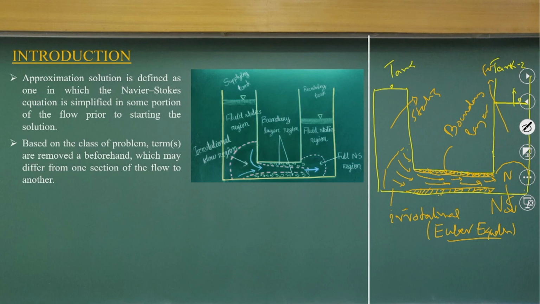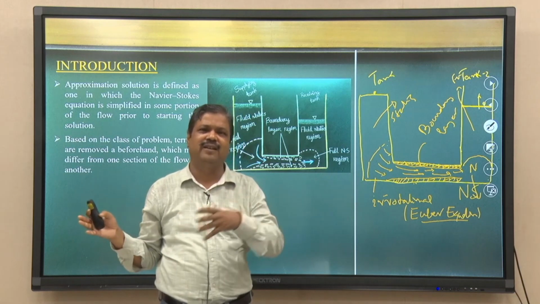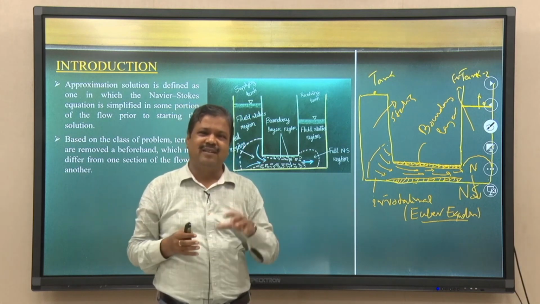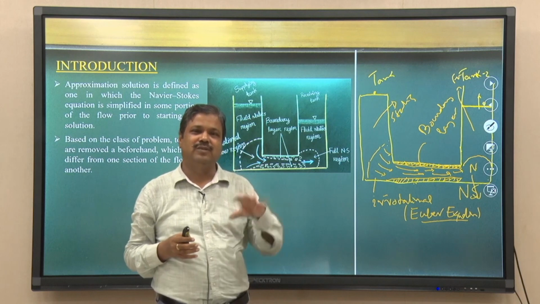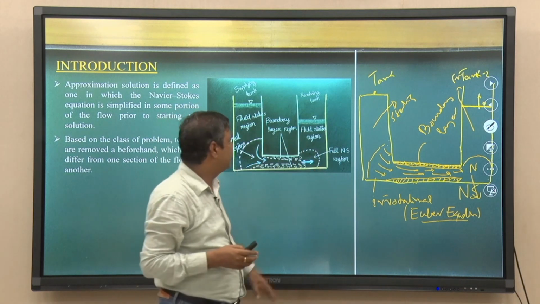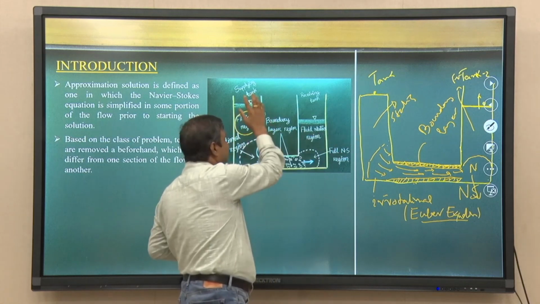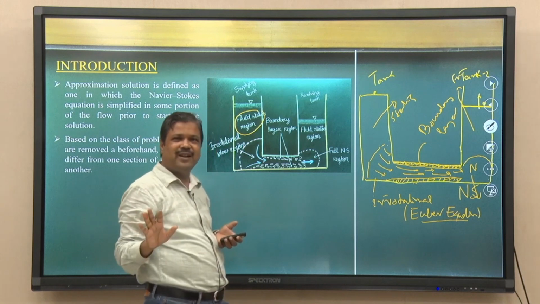So, with this very simple example, if you look at this very simple problem, we have two tanks, one is a supply tank, another is a receiving tank. Within that tank flow zones, there are regions that behave like a fluid at the rest. These regions will remain like a fluid at the rest, there is no stress component at all.